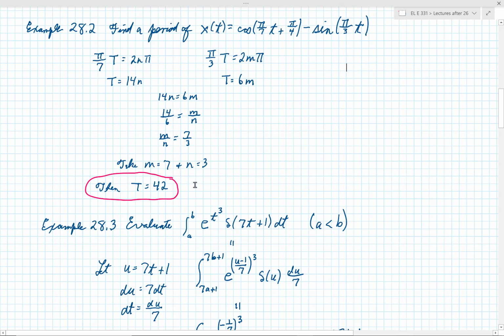So T equals 42 is a period, and any positive integer multiple of it, like 84 or 126, would also be a period of this function.